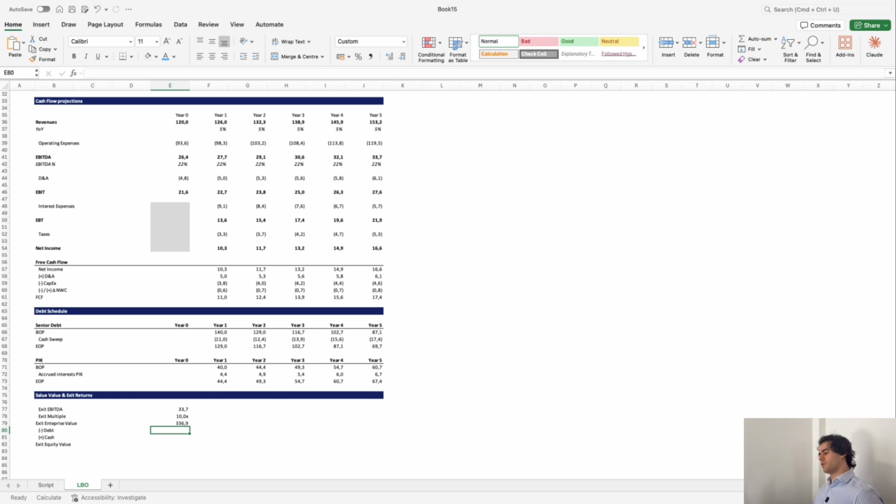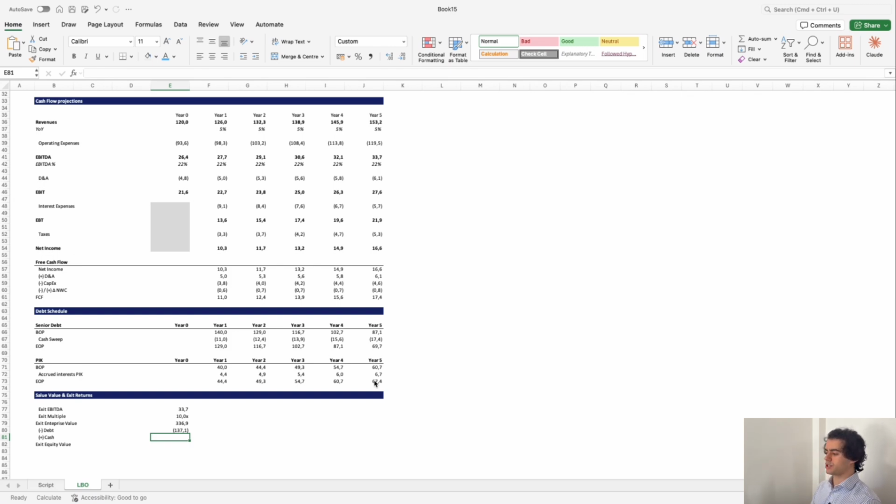The debt will be the sum of the end of period at year 5 of the senior debt and the end of period of the PIK at year 5. So at the end of the year 5, we have two types of debt, the senior debt and the PIK. So it will be calculated as the sum of the two of them.